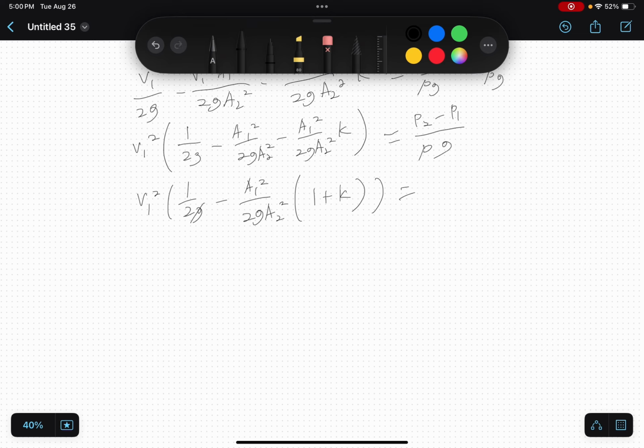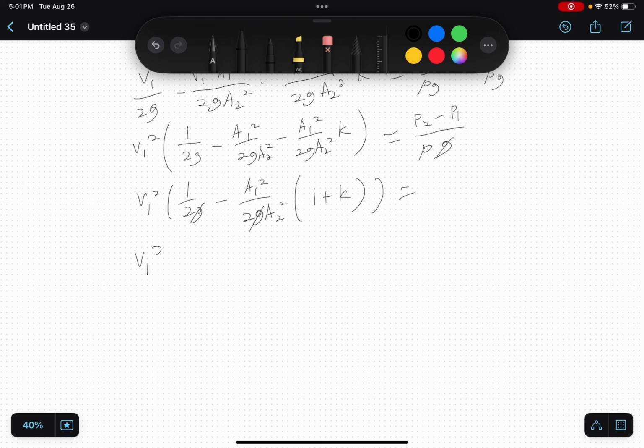Okay, we get to cancel out those gravities. And we can multiply these 2's over to the other side.